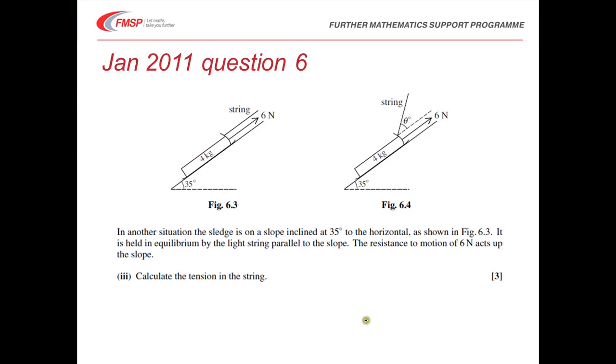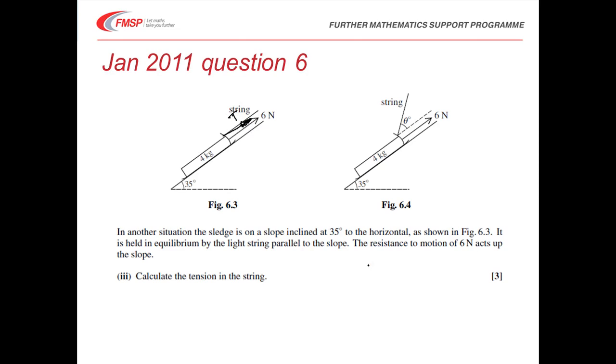Moving on to part 3, we have another situation where we're on a slope of 35 degrees, as shown in figure 6.3. So it's this diagram on the left. It's held in equilibrium by a light string parallel to the slope. So again, we're going to have a tension here up the slope. The resistance to motion 6 acts up the slope as well, and we have to find the tension in the string.